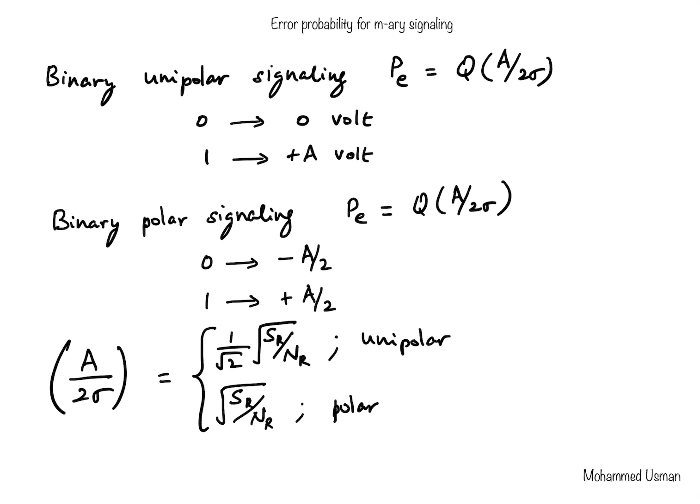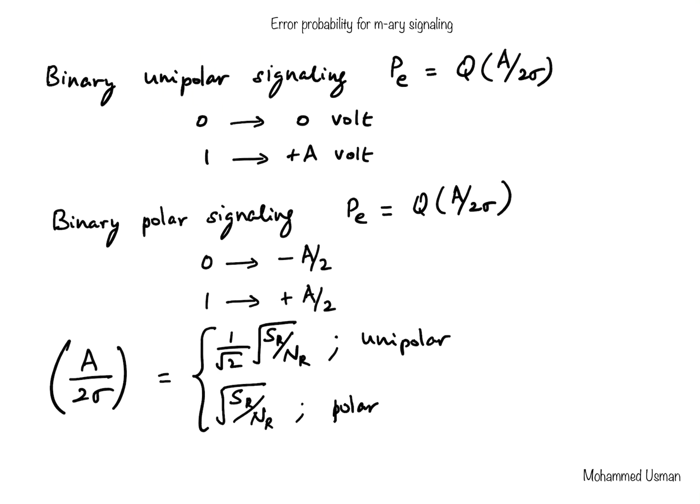From this expression, what we interpreted was that in terms of the expression, it looks like the error probability is the same for both unipolar and polar signaling, but in reality, this A by 2 sigma is representing two different parameters in each of the cases.